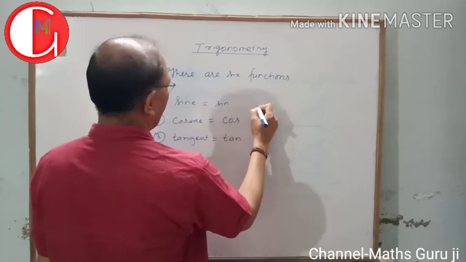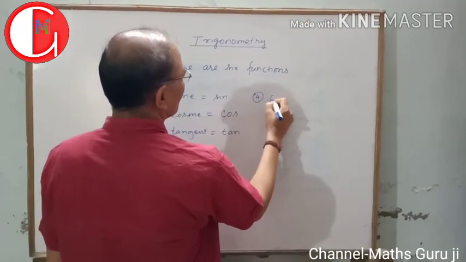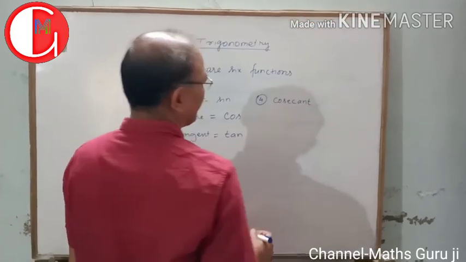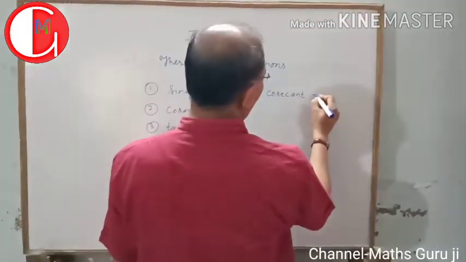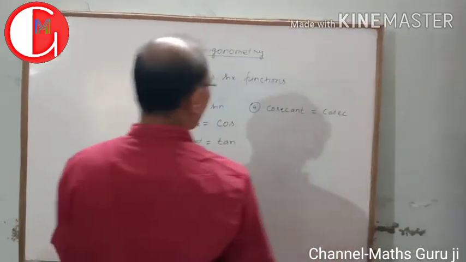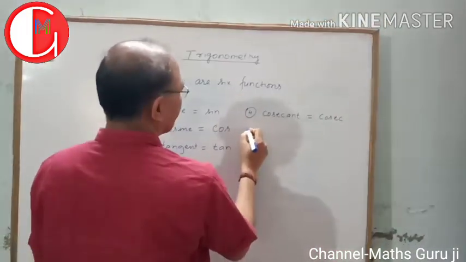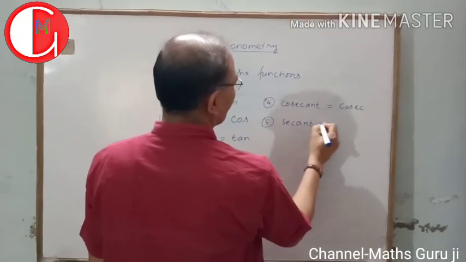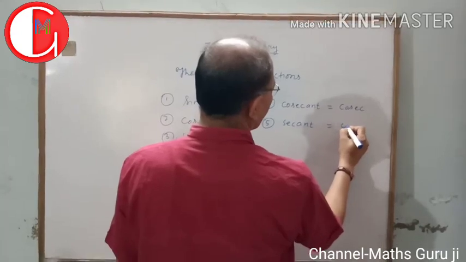Fourth one, cosecant, in short way written as cosec. Secant, in short way written as sec.